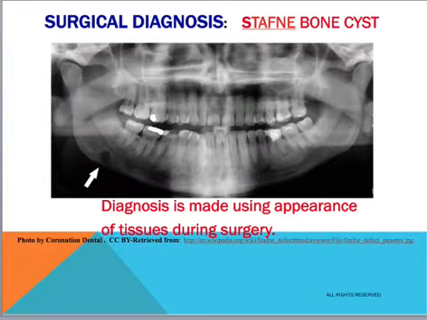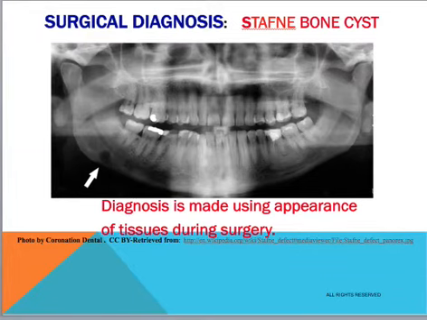Surgical diagnosis is another diagnostic category. There are several lesions that are diagnosed during the surgical procedure. For example, in this particular X-ray, we see a radiolucent area that's not a normal presentation close to the angle of the mandible on this patient.